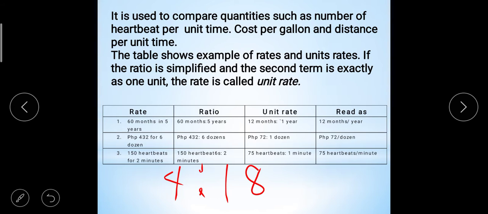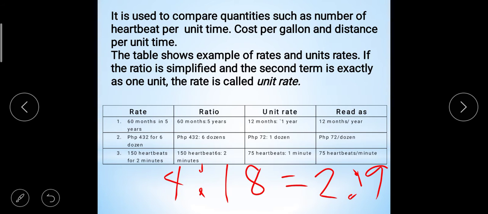Ano yung number na pwede nating or divisible by 4 and 18? Okay, 2. So, after we divided 4 by 2, we will get 2. How about 18? 9.